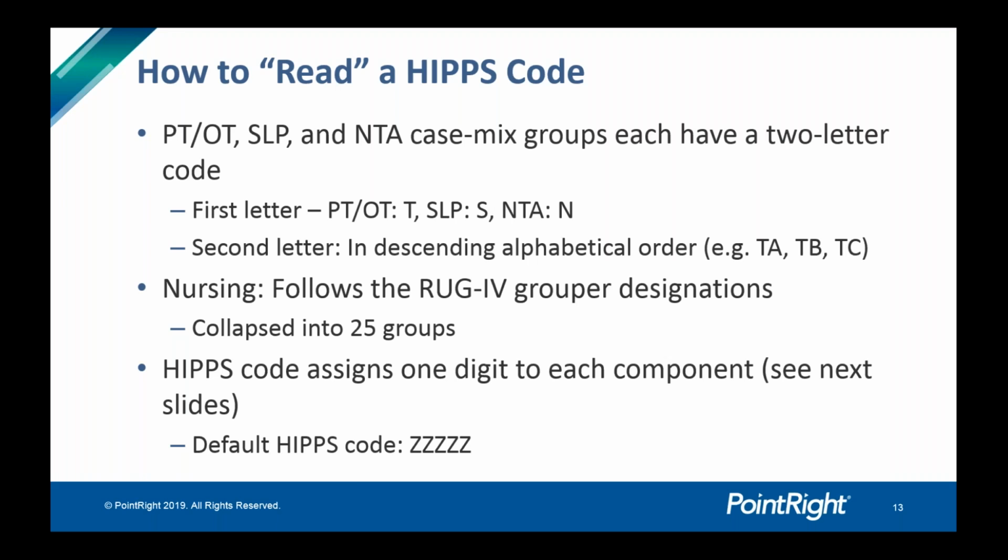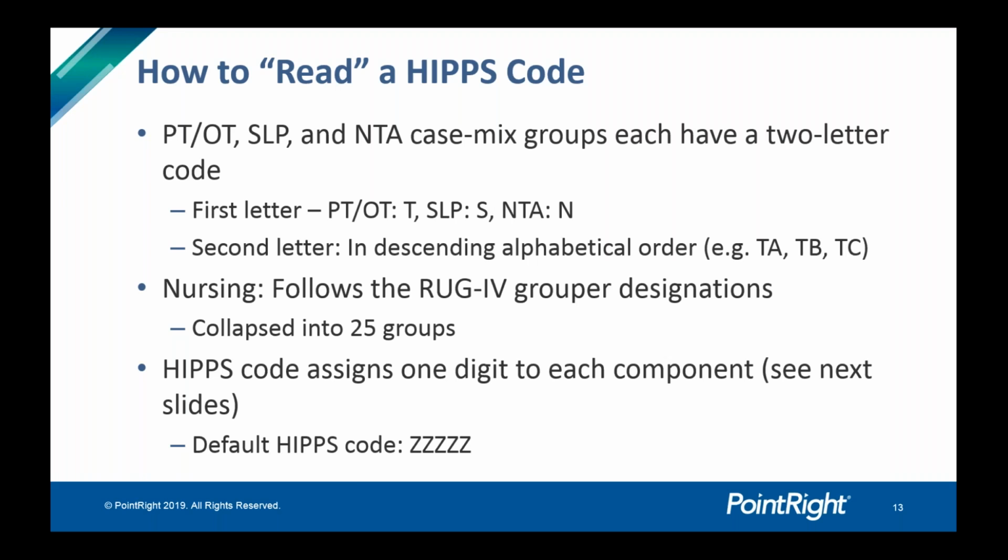But remember that PDPM collapses those RUG-4 categories into 25 categories, so there aren't quite as many of them. But the same type of pattern also continues, where the letter that goes onto the HIPS code goes in descending order based on where that nursing category falls in the hierarchy of nursing case mix groups.